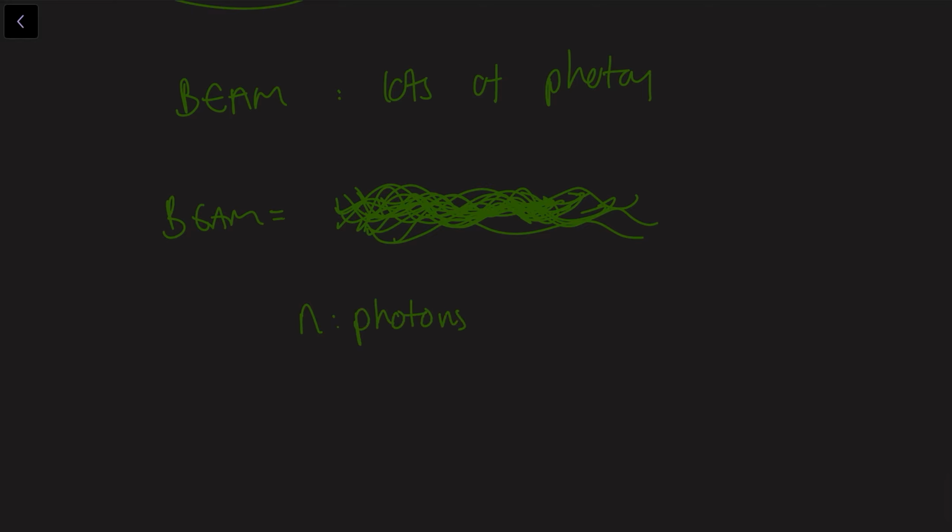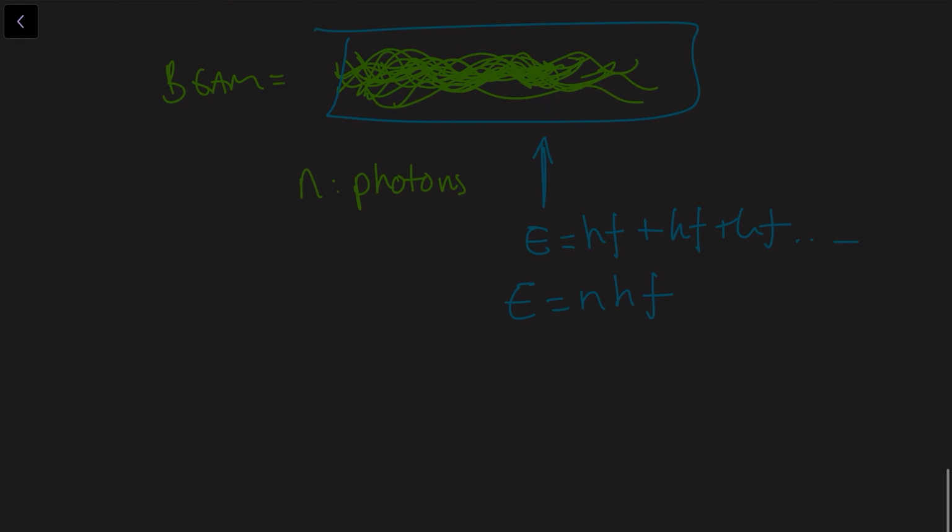So the energy in that little bit there will be hf plus hf plus hf for all of the different photons. So energy actually equals nhf, assuming it's monochromatic.